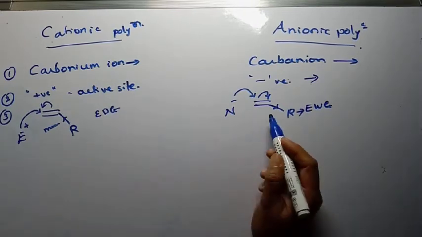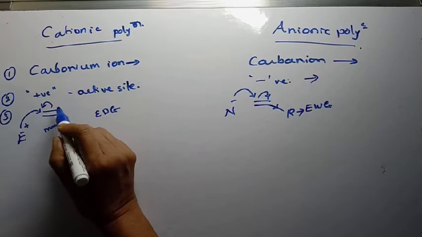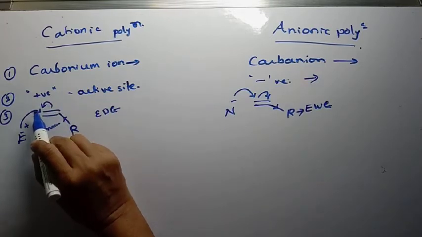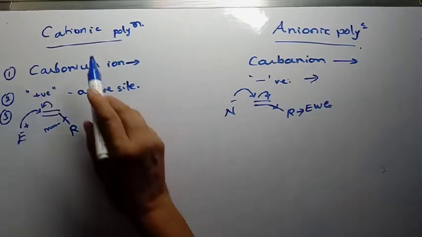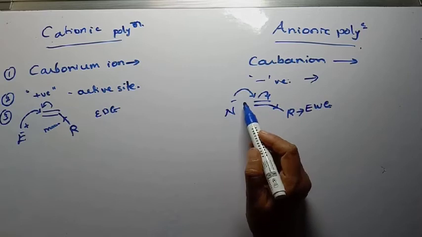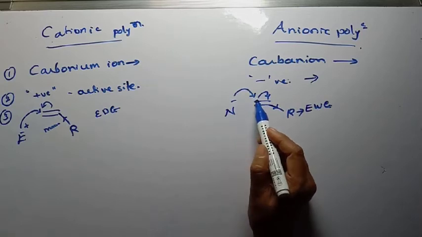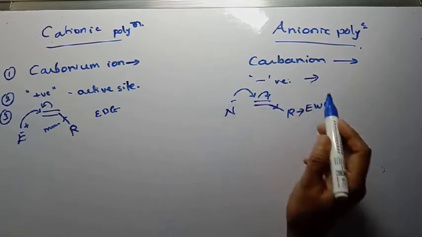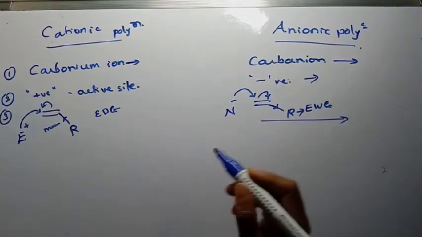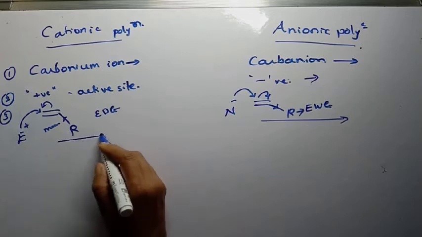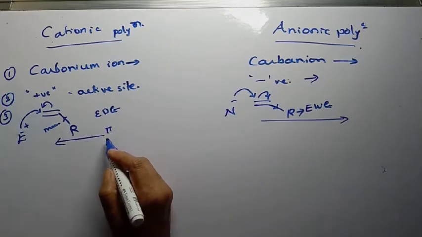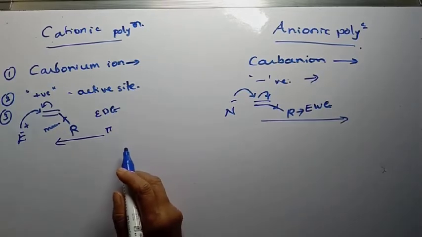See, the shifting of pi electrons is from right to left in cationic polymerization; here it is from the nucleophile, that means the initiator, to the monomer. Therefore in cationic the shifting is in the direction of chain propagation, and here the shifting of electrons is opposite to the direction of propagation of the chain.